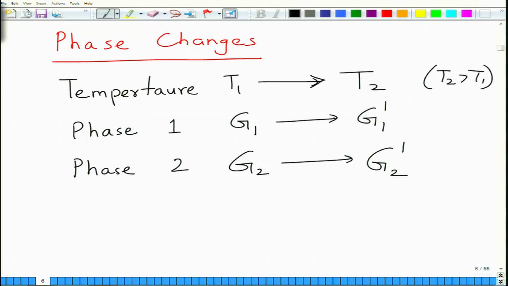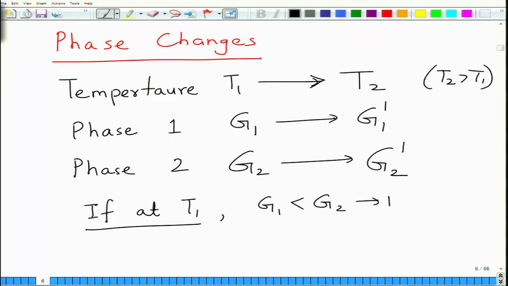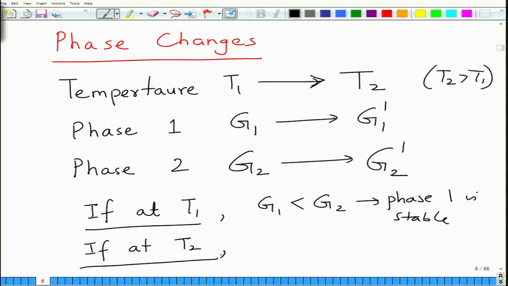Okay. Now in terms of thermodynamics, if at T1 G1 is smaller than G2, then phase 1 is stable, and if at T2 G1 is greater than G2, then phase, so I would say basically G1 prime is greater than G2 prime.